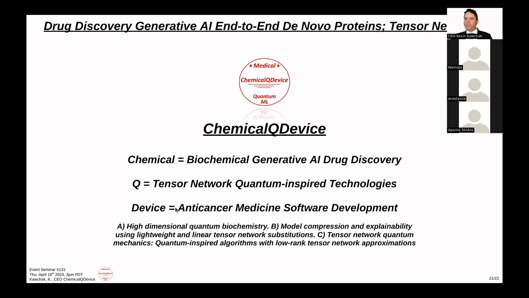And what tensor networks do is basically they approximate some things that can be approximated so you can get to these bigger solutions. And I think the very first thing is actually going to be the model compression and explainability using lightweight and linear tensor networks, because it's more straightforward.